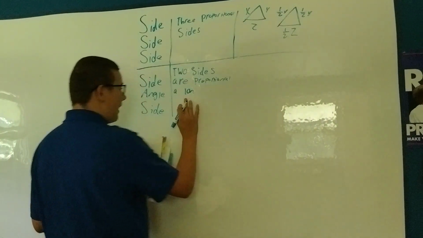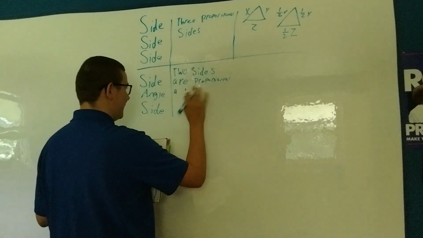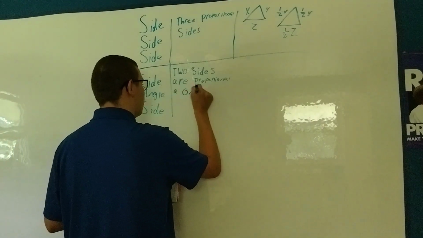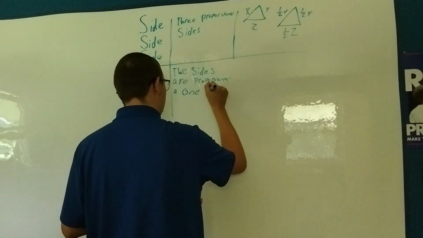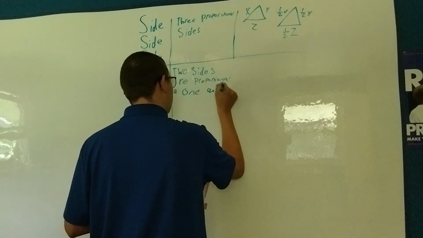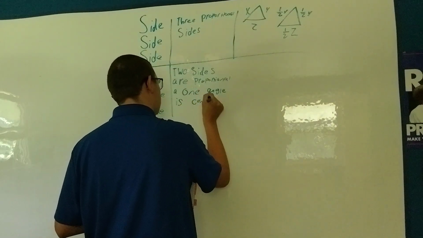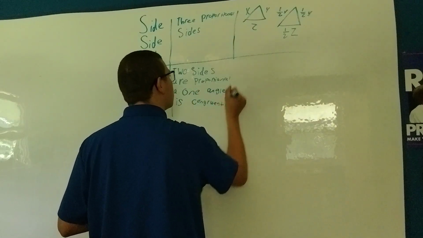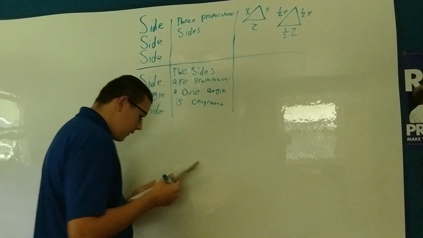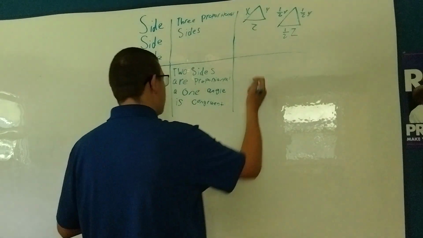Or I put the number 1, one angle is congruent. Like that. And then that would be something like this.